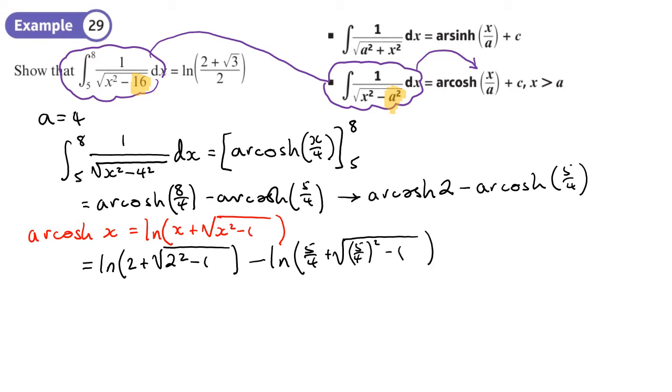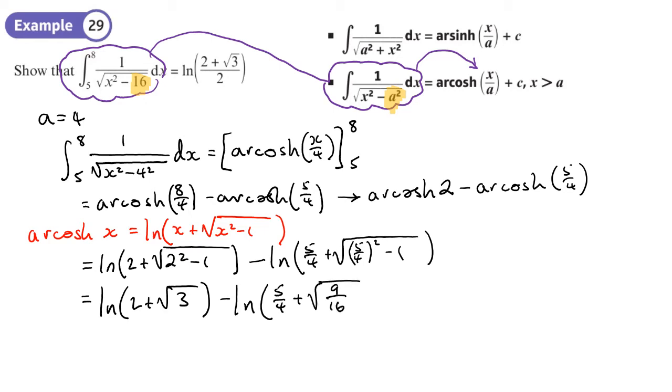Right, so what does that become? Well, the first bracket becomes 2 plus the square root of 2 squared minus 1, which is 3, so log of 2 plus root 3. The second bracket becomes 5 over 4 plus, now 5 over 4 squared is 25 over 16. 25 over 16 minus 1 is like taking away 16 over 16, so we're left with 9 over 16.